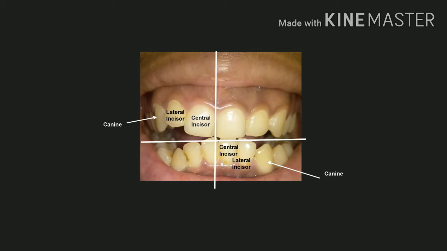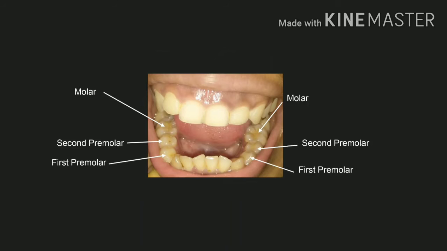We have 2 incisors: the one in the center is your central incisor and on the side of it is the lateral incisor. To remember, the lateral incisor is a brother of the central incisor. And the sharp tooth is your canine. In adults, we have 2 premolars and 3 molars.